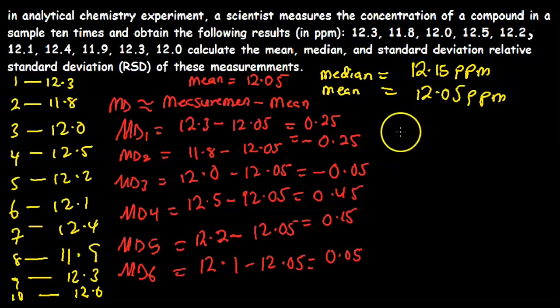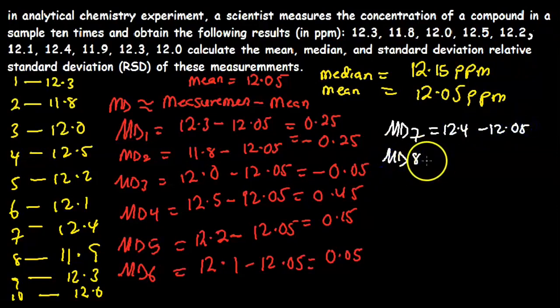So we are going to say the mean deviation for the seventh observation is simply going to be 12.4 minus 12.05. The mean deviation for the eighth observation is simply going to be 11.9 minus 12.05.